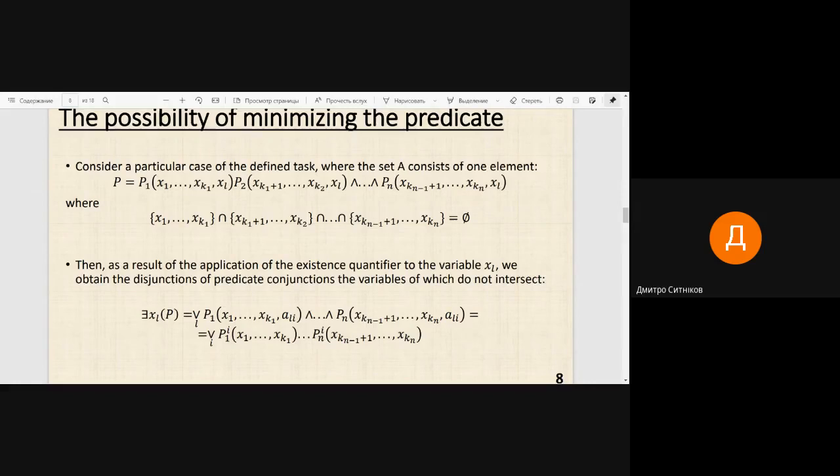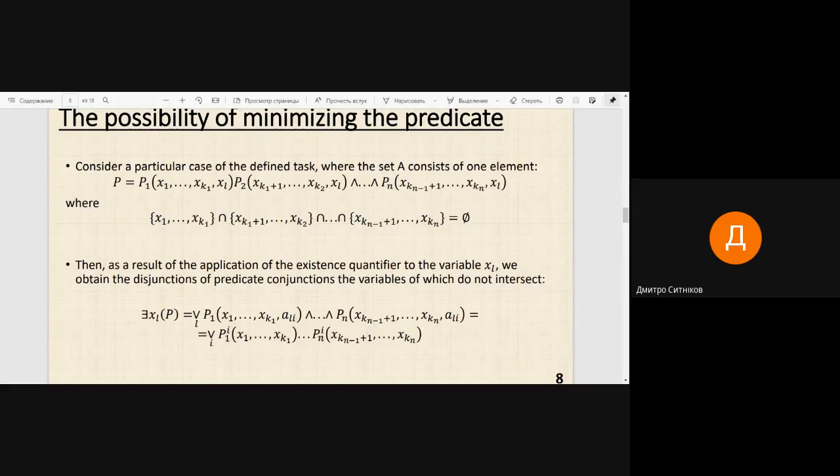Consider a particular case of the defined task, where the set A consists of one element, where the below condition is satisfied.